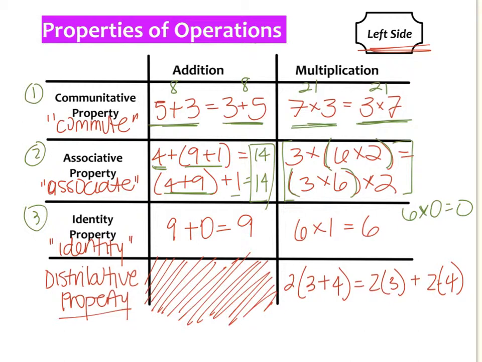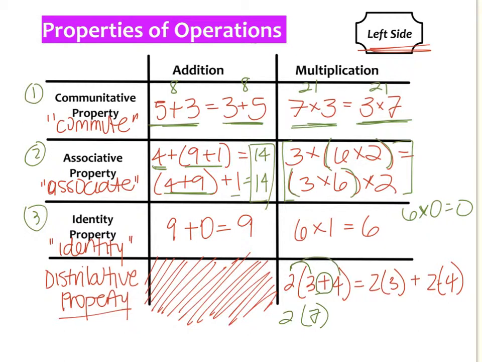So the question is, how do I figure out what this is going to equal? There's 2 ways to do it. What you could do is you could add 3 plus 4, right, and you get 7, and then multiply it by 2. Or you could use the distributive property, where you multiply 2 times 3, and then you add it, because that's the symbol in between, you add it to 2 times 4.